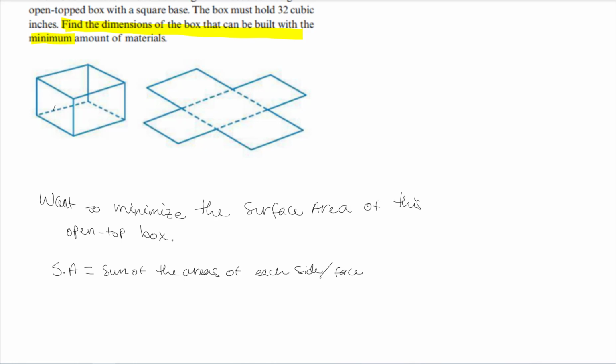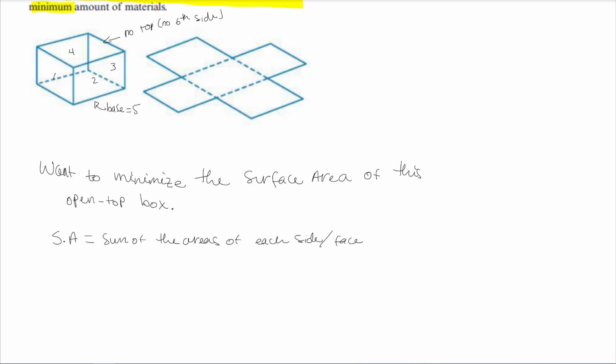We're going to have 1, 2, the one in the back, 3, that one, 4, and then the base is going to be the 5th side, just the way I've numbered them. It doesn't have a top, so no top, so that means no 6th side. Normally a box has 6 sides, so we need to find the area of all of those. So the surface area is, and most of them are rectangles.